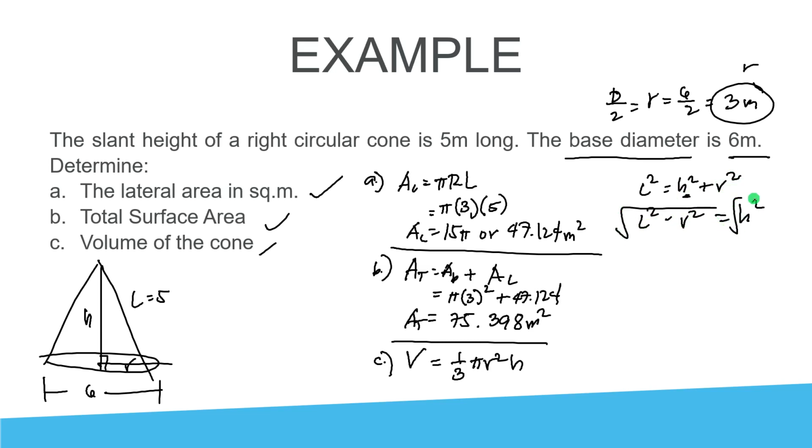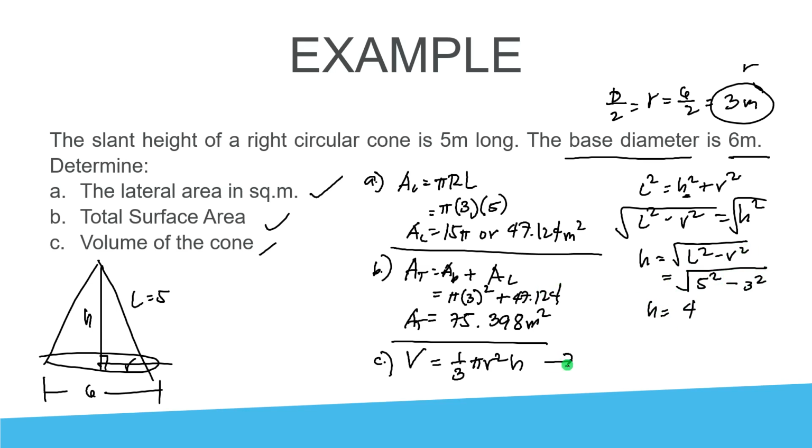Take the square root. So h equals the square root of L squared minus r squared, the square root of 5 squared minus 3 squared. I will directly compute that. We have 4.